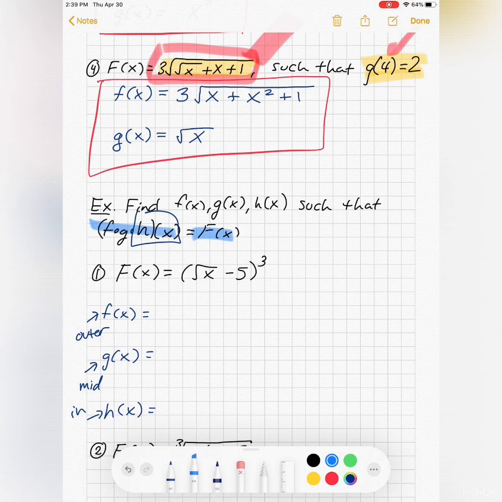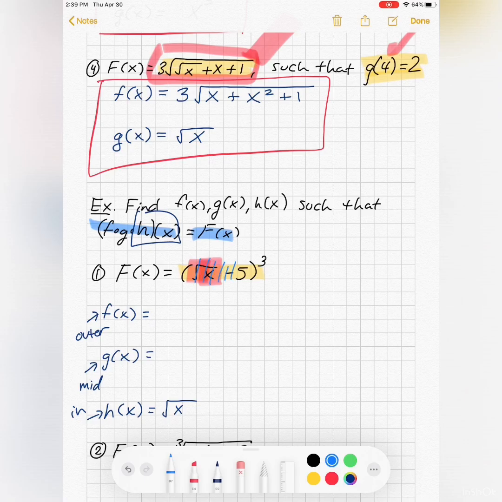So if you look at this composition, here's the way I think about these. I think about if I were going to plug a number in there, like 4, what would the first thing I would do to that number 4 be? I would take the square root, right? So my innermost function would be the square root of x. So then I would have the square root of 4, that'd be 2.